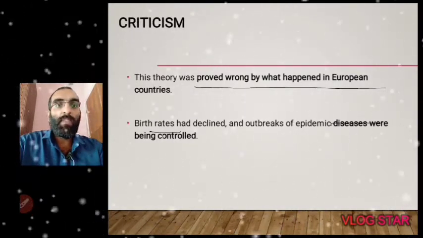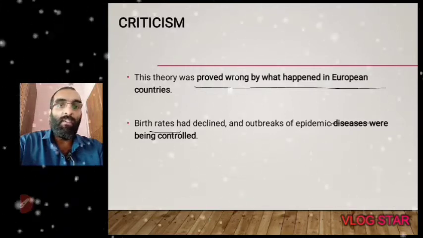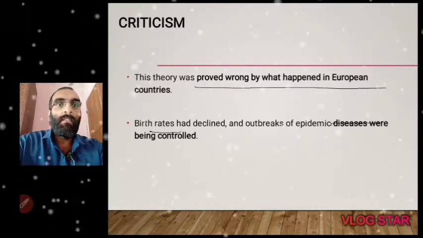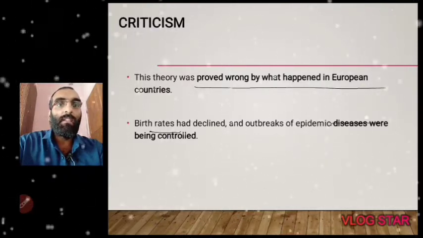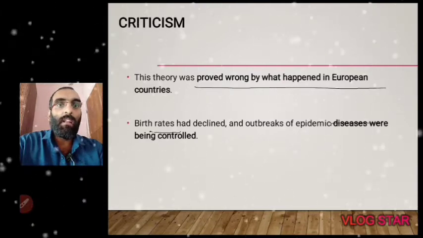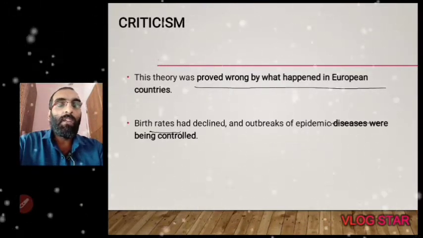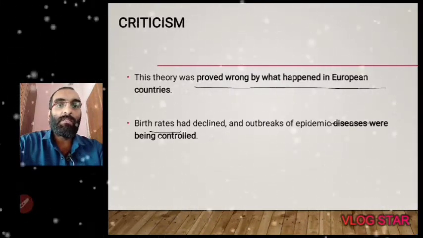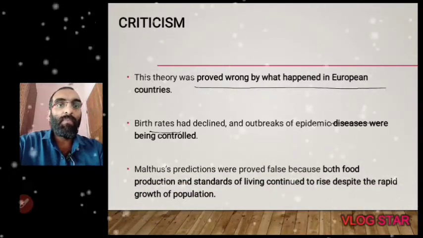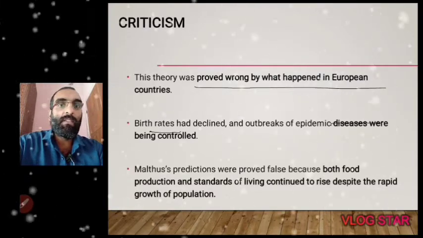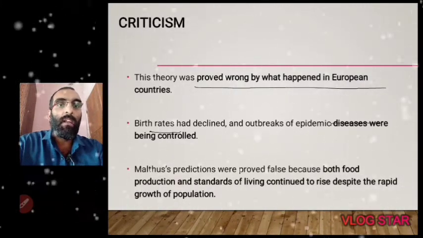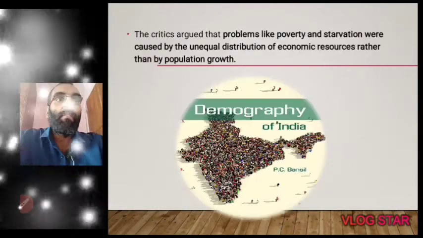So Malthus' prediction was proved false. There, birth rates had declined and the outbreak of epidemic diseases was being controlled. Malthus' predictions were proved false because both food production and standard of living continued to rise despite the rapid growth of population.